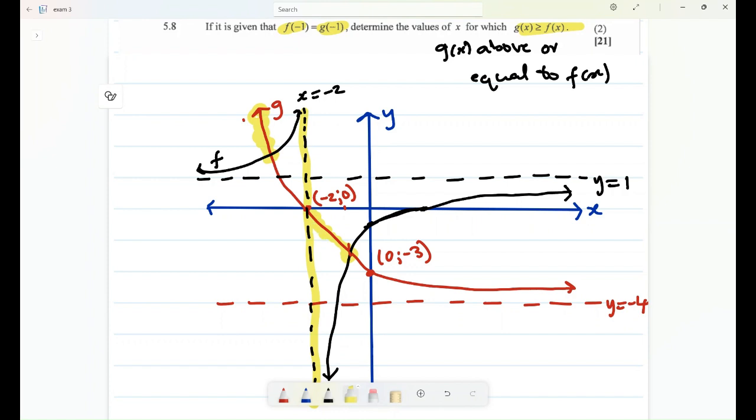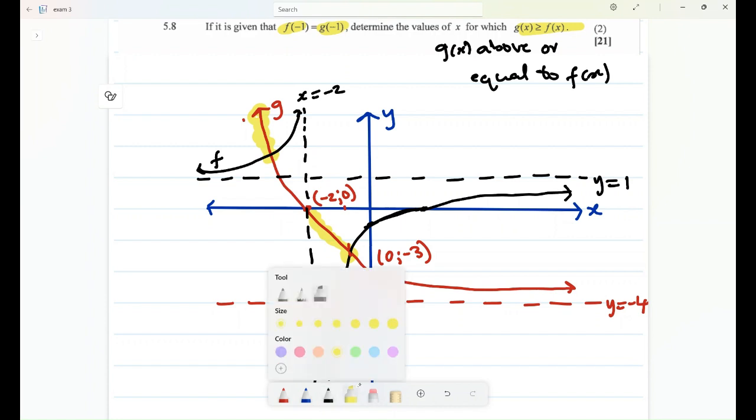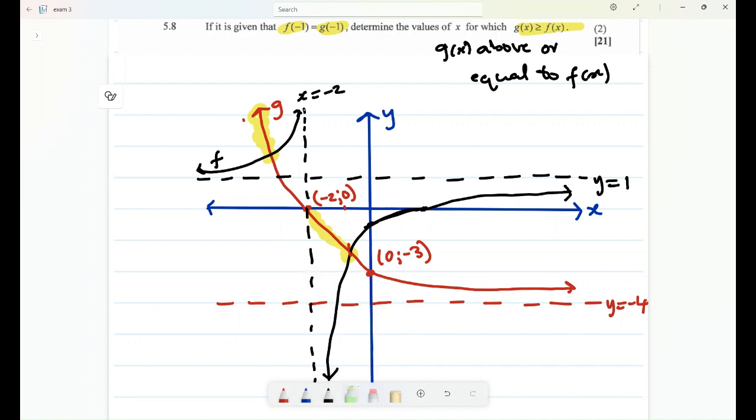You see? Let me use a different highlighter for this part A. Before the asymptote, we see that g is above our graph on this section from -infinity to this x value here that we do not know for now.